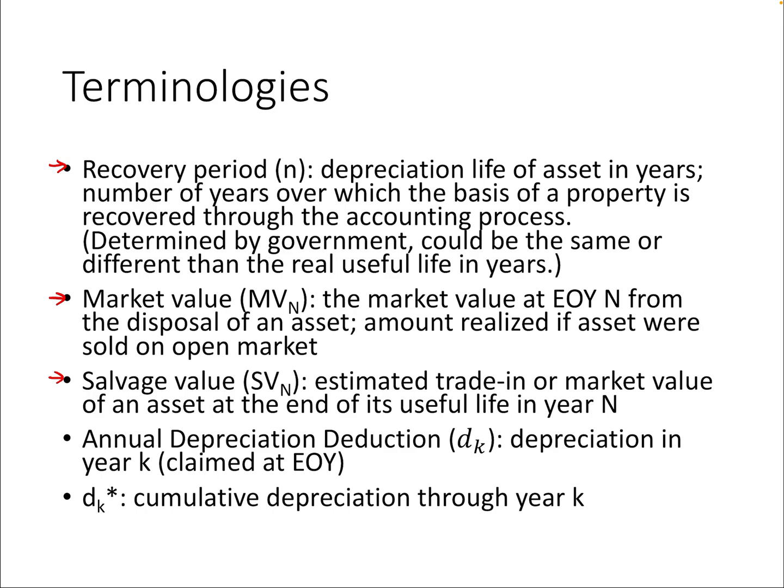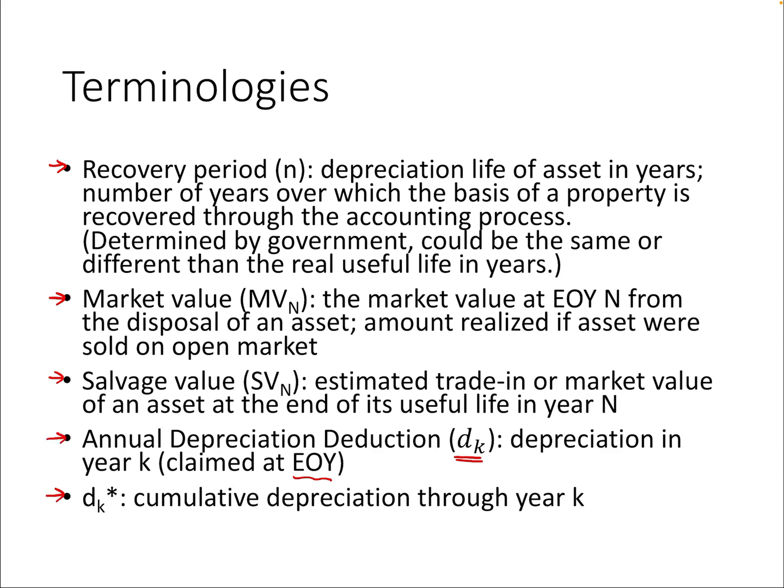And annual depreciation deduction is DK, right? Because the deduction is different for every year, so we are interested in what is the deduction in a specific year. So DK, depreciation in year K, always claimed at the end of year.